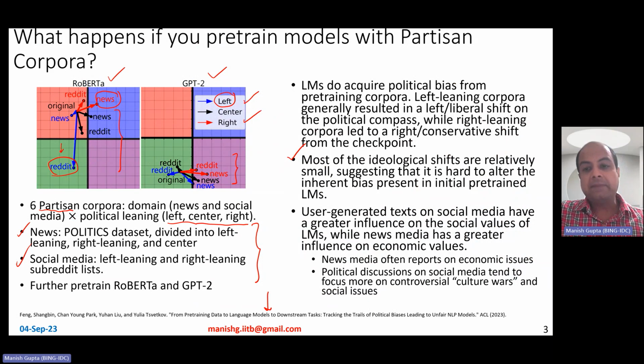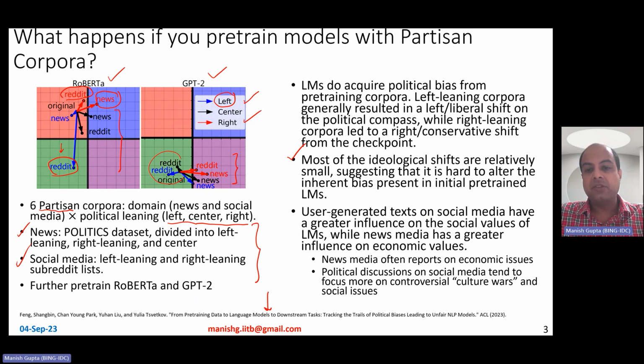Right. Now, the other way of saying this is as follows. If you look at Reddit kind of corpora, whether you see it here or there, Reddit kind of corpora, which is basically user generated text on social media, have a greater influence on the social values of large language models, while news media have a greater influence on the economic values.